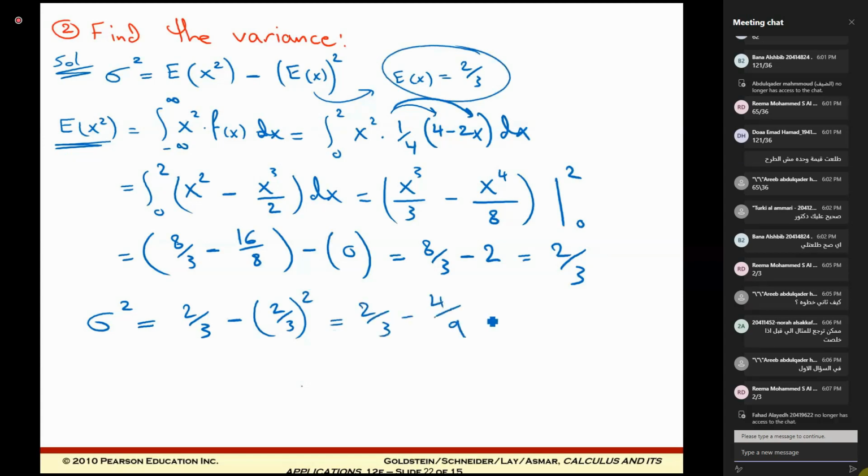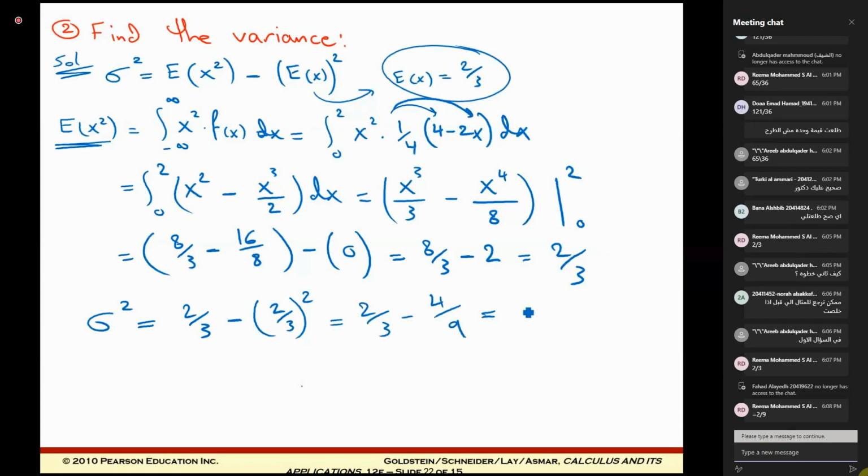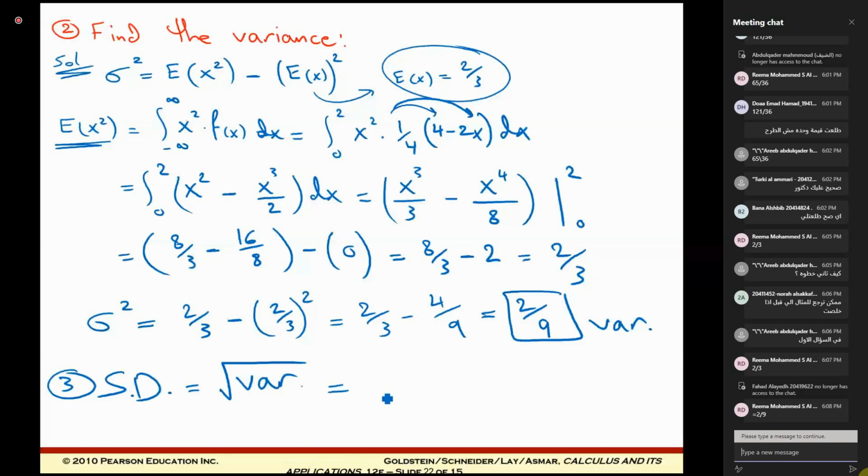We have 6 minus 4, 2 over 9. This is the variance. If we need to find number 3, the standard deviation SD, this is equal radical variance. So we have radical 2 over 9.